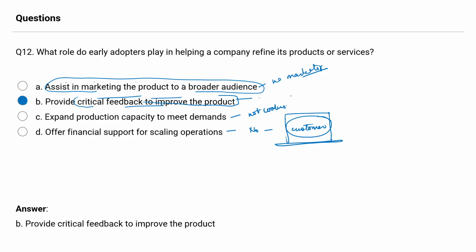Remember in week 7, it was about early adopters being those who are in dire need and ready to experiment. So they have a dire need and they are ready to experiment, and those people will actually give you critical feedback on how to improve the product. Right. So the correct answer is 12B.